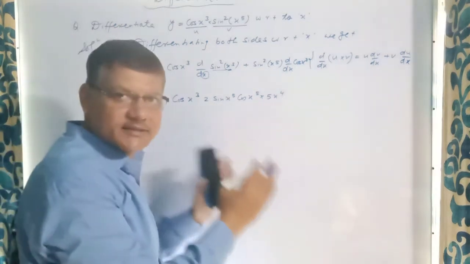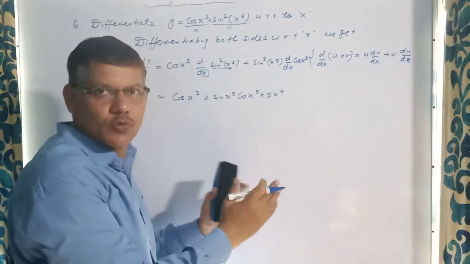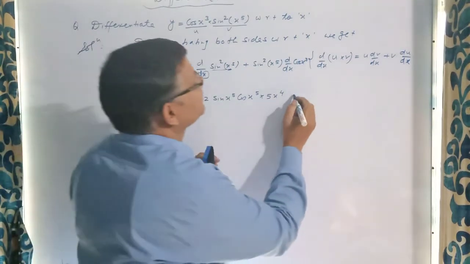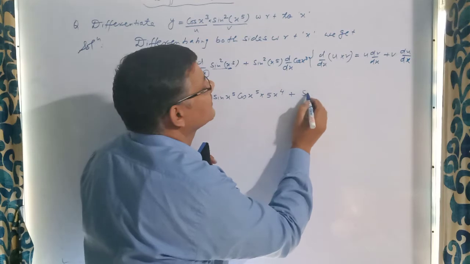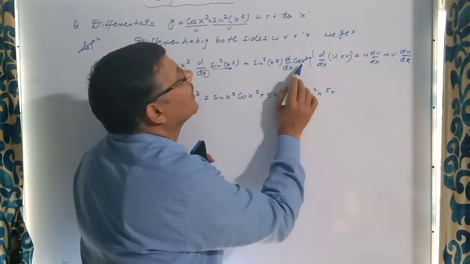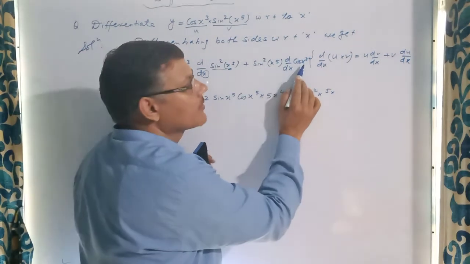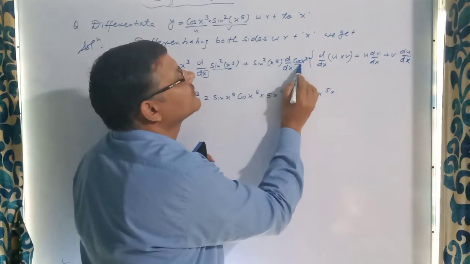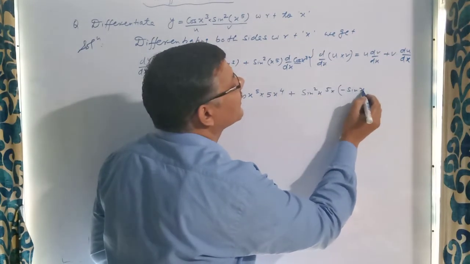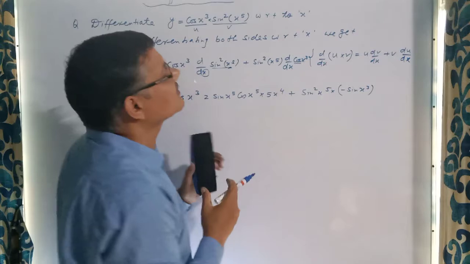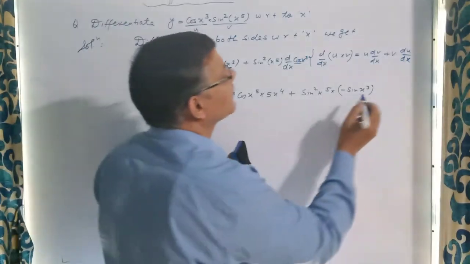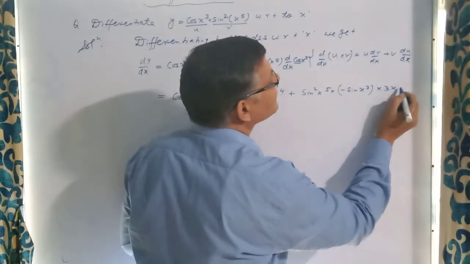In class 12 it is not required to use the chain rule to show it, but in between we are supposed to use it. Plus this function as it is, sin square x power 5, into cos x cube. First of all we differentiate the leftmost function: the derivative of cosine is minus sin x power 3. Now this cos is removed, x cube is left, and the derivative of x cube is 3x square.